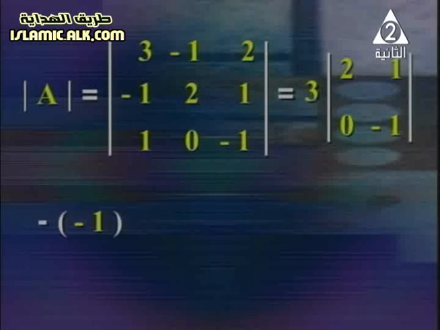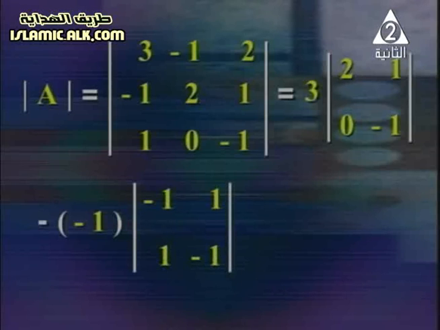Look at the determinant of A. We put all elements of the matrix inside the determinant. This method is called the first row method.